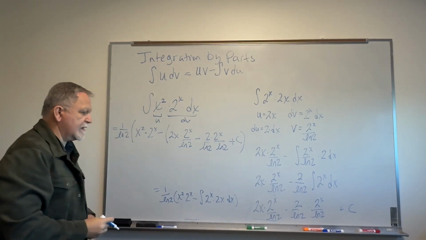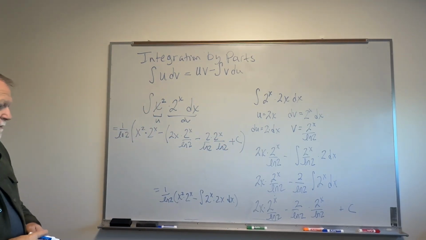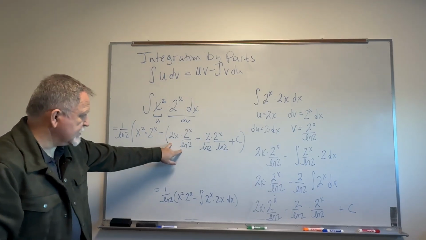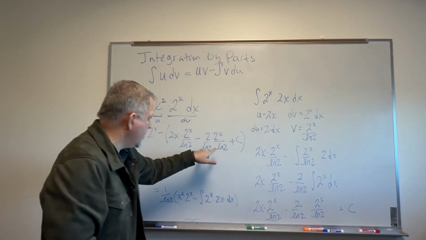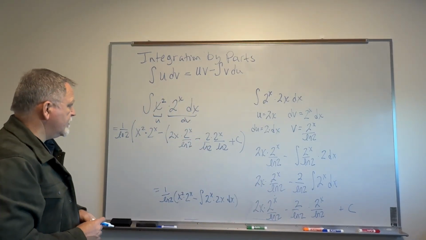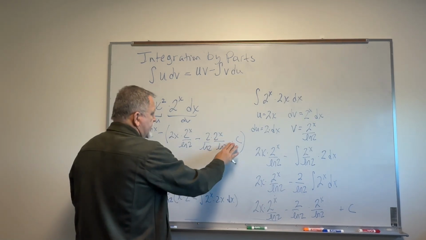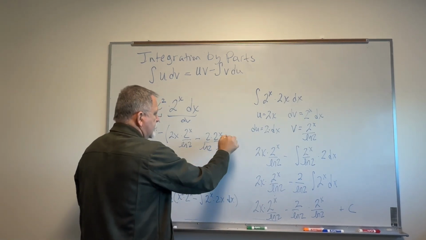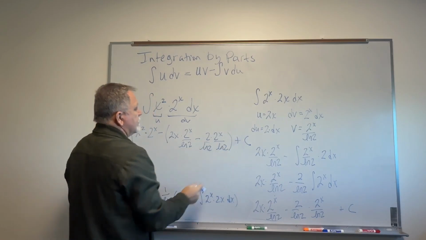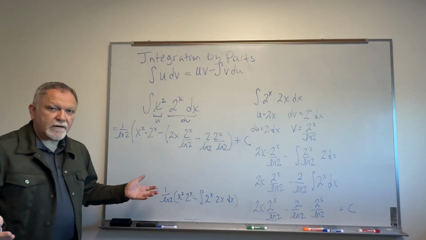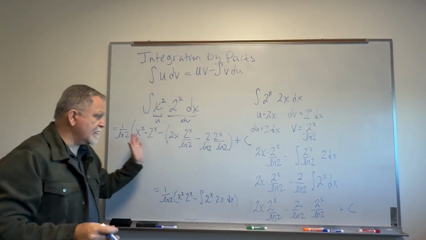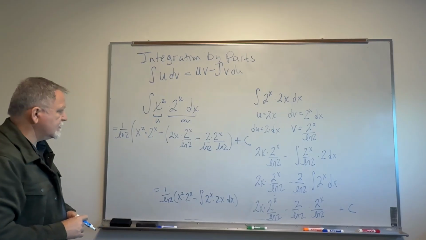Okay, let me see if I can clean that up a little bit. Just double checking to make sure I've got all my pieces. I've got this piece, and I've got those pieces together there, and I've got my constant. Let me go ahead and write this constant out here at the very end. If there are other numbers along the way, we're just going to add those all to that constant.